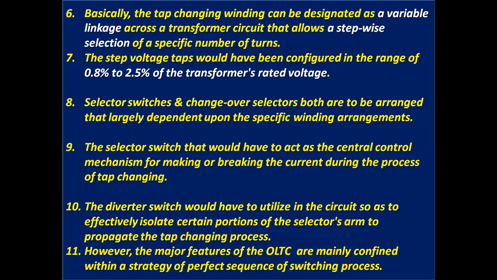The diverter switch is utilized in the circuit to effectively isolate certain portions of the selector's arm to propagate the tap changing process. However, the major features of the OLTC are mainly confined within a strategy of perfect sequence of switching process.